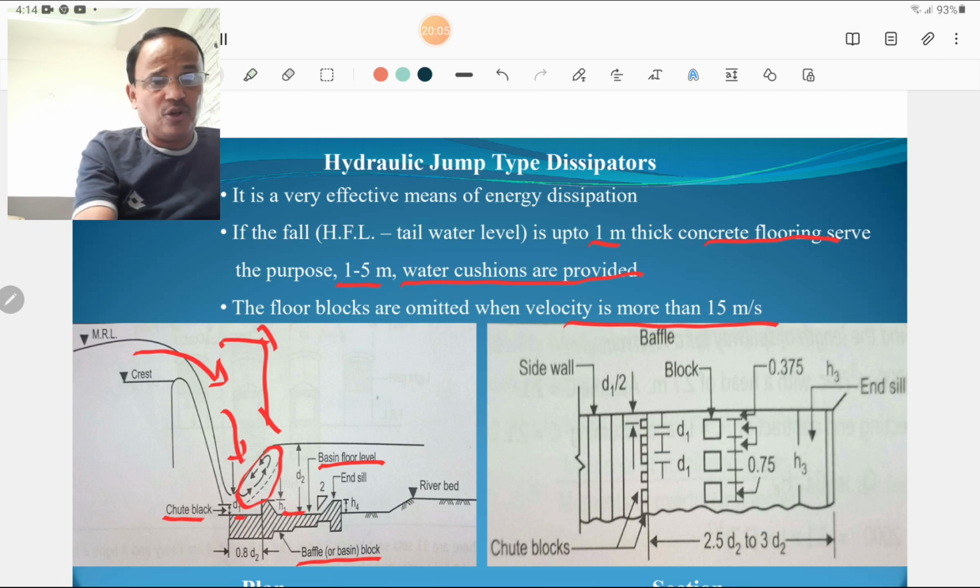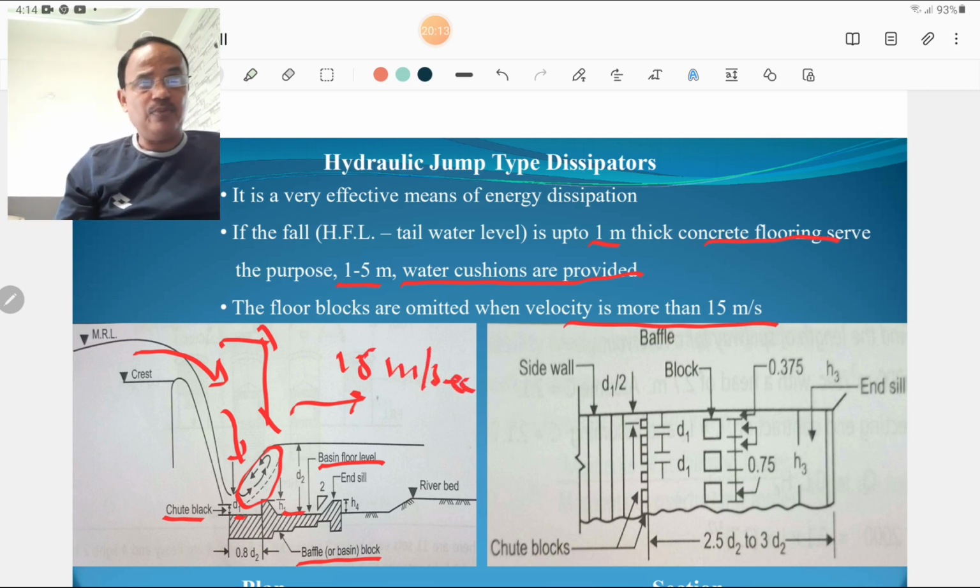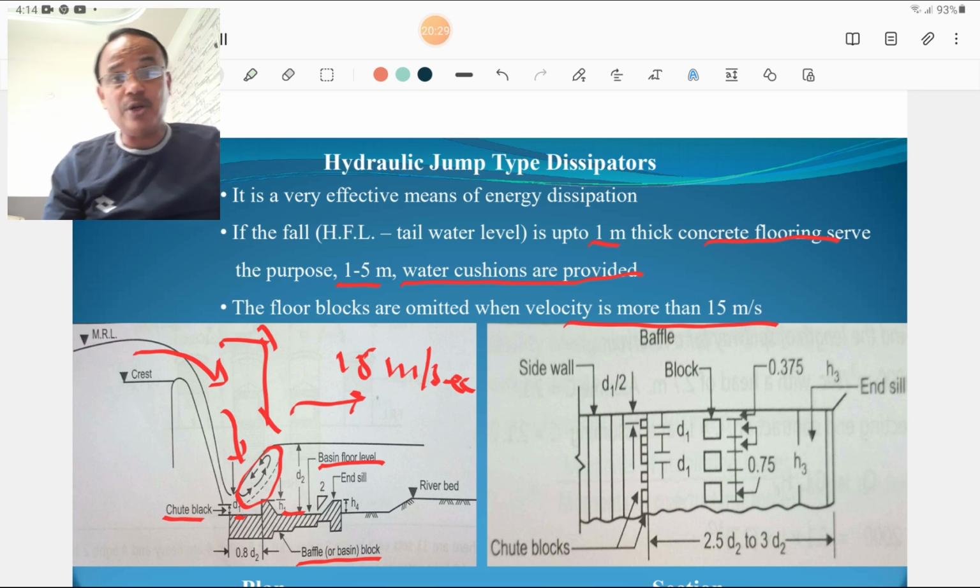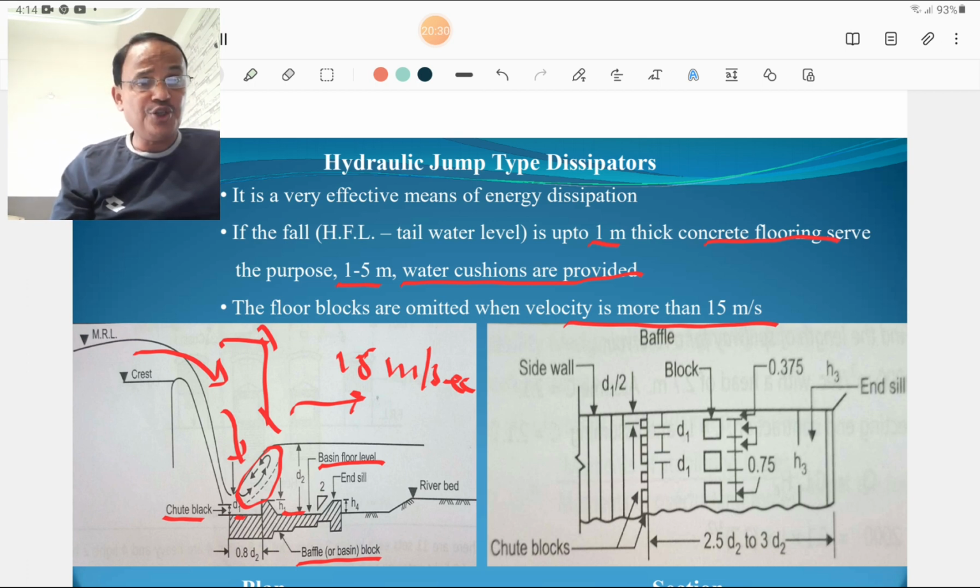Means such a floor block arrangement is not considered when the velocity of water is more than 15 meter per second for such a hydraulic type of dissipator. Dissipation means absorbing the energy of water, which is done to avoid damage to the downstream part of the dam or the downstream part of that particular spillway.